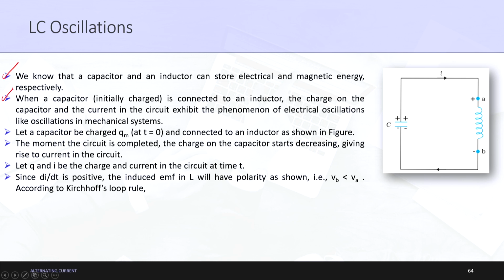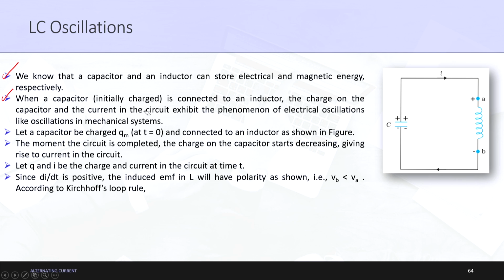So, when a capacitor which is initially charged, please remember, very important, initially charged, is connected to an inductor, the charge on the capacitor and the current in the circuit exhibit the phenomena of electrical oscillations, like oscillations in a mechanical system, right.